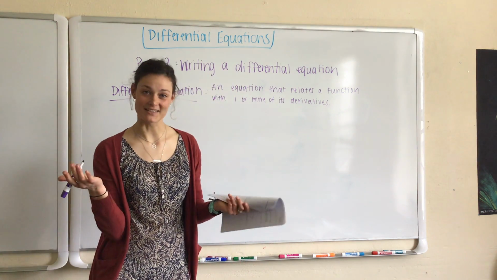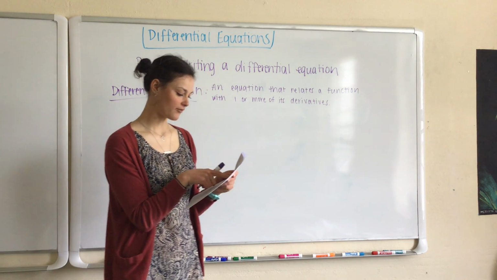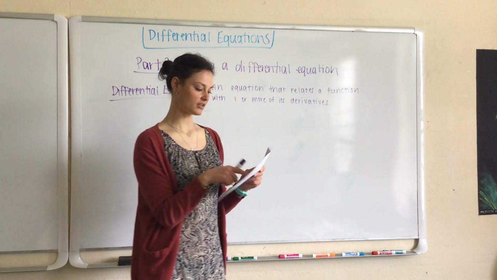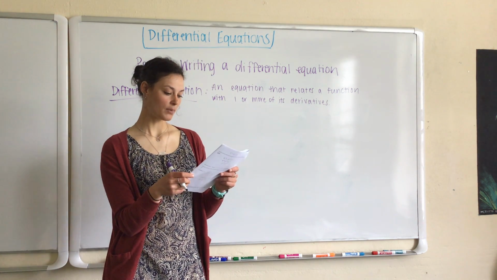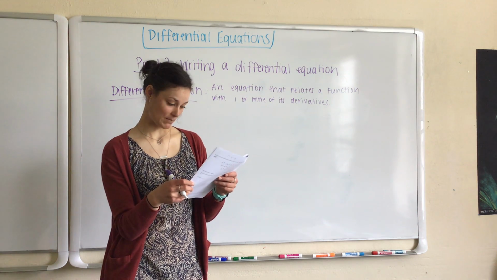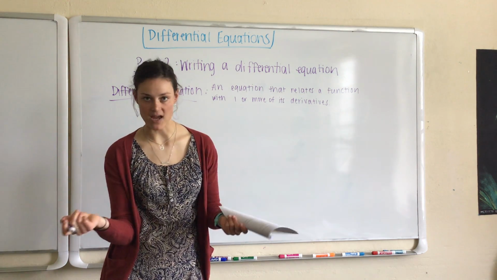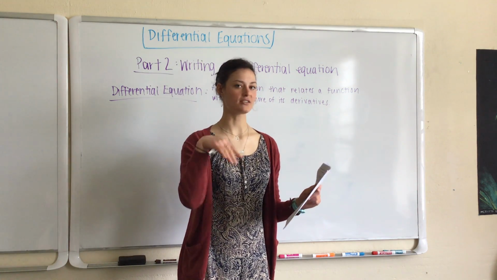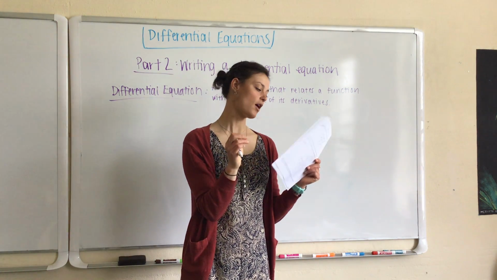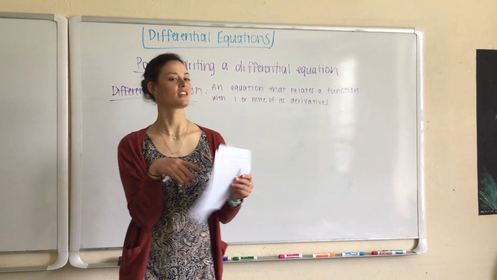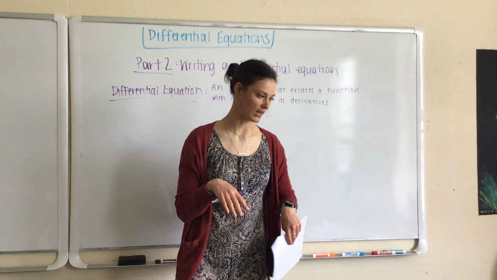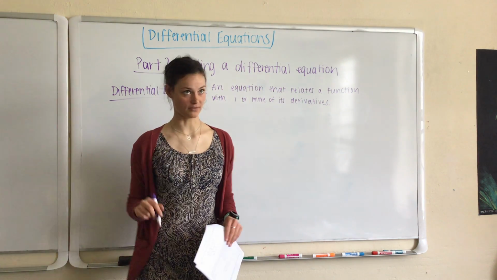Okay, for instance, the learning rate for new skills is proportional to the difference between the maximum potential for learning the skill, M, and the amount of skill already learned, L. So how do we write that in terms of math? Seems kind of hard, but it turns out that it's actually not, because there's one word in this problem that gives us a huge tip-off that it's going to be a differential equation, a derivative.